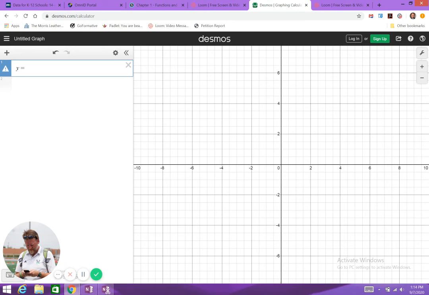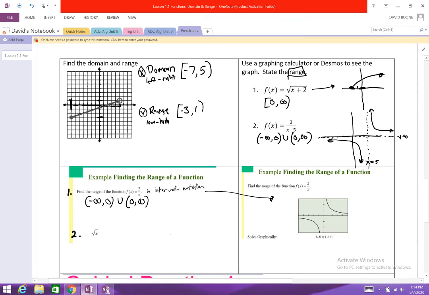And type in square root of x. You can see it's got that same shape as that previous one, but back here centered at 0, 0. So if you look at what that graph looks like, it goes up like that.